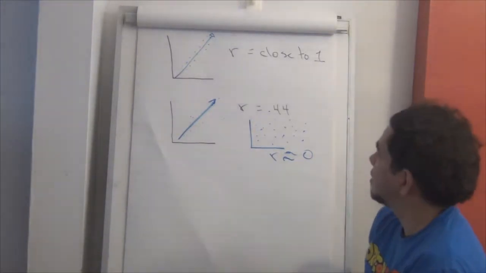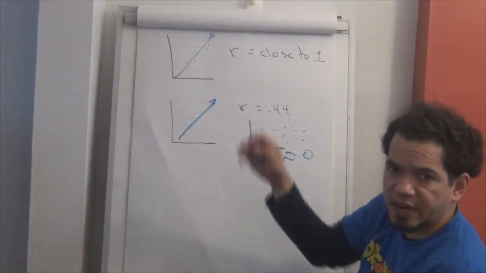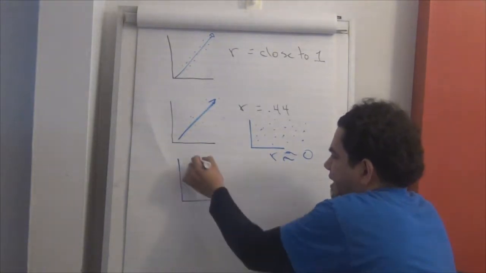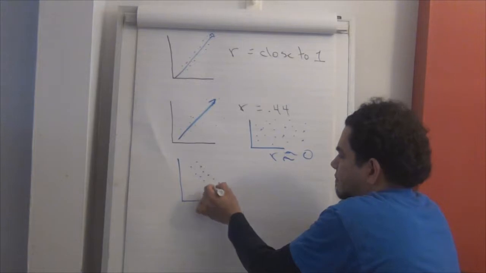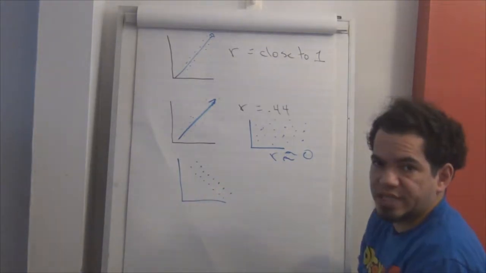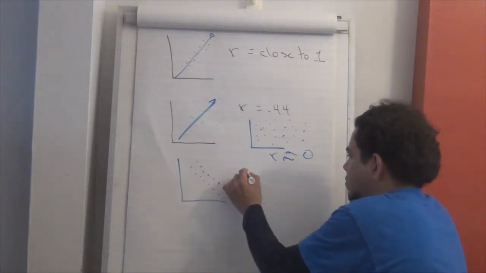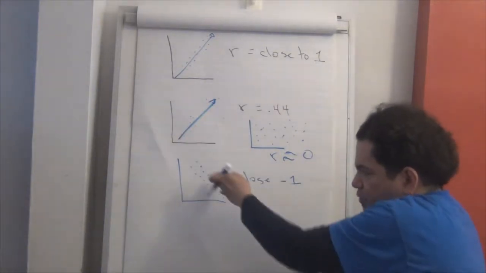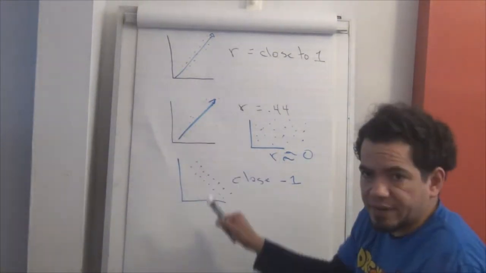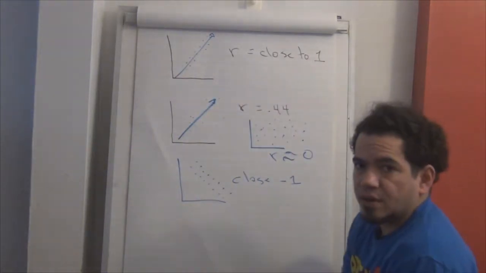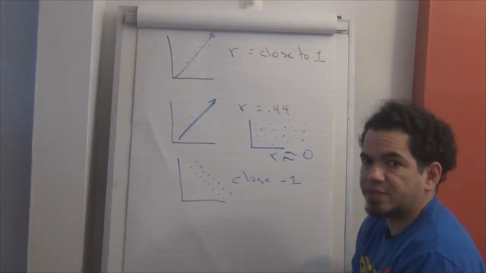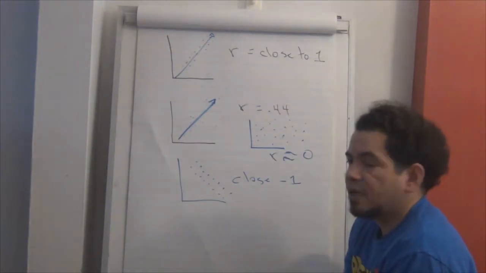What about from 0 to -1? When the correlation is negative, you're going to have something close to -1, given that it's really evident that it's negative. That's what R tells you: that there's a strong relationship, and that the line of best fit is basically that.